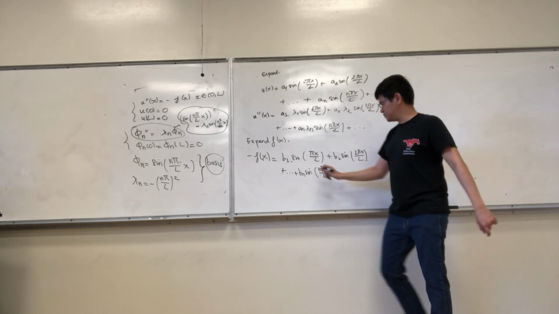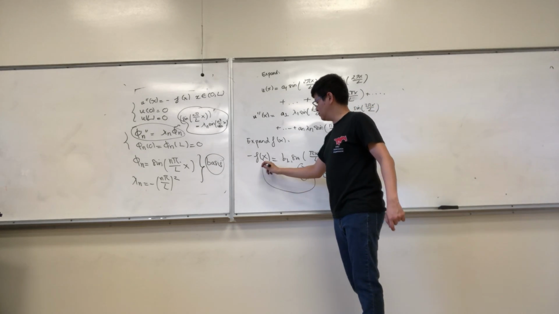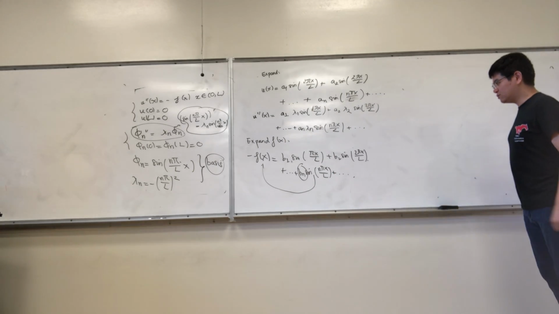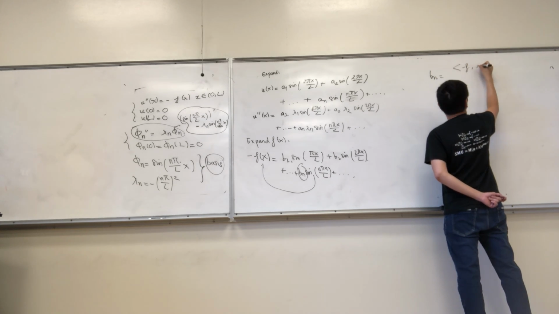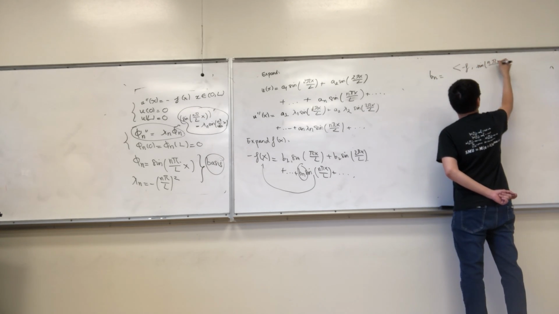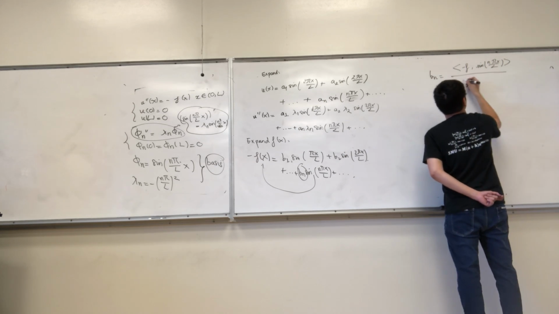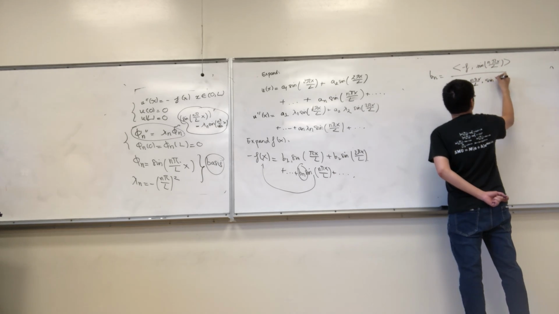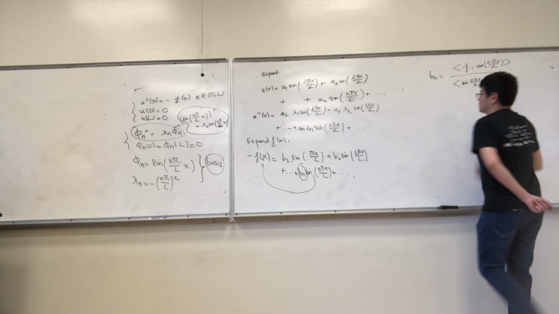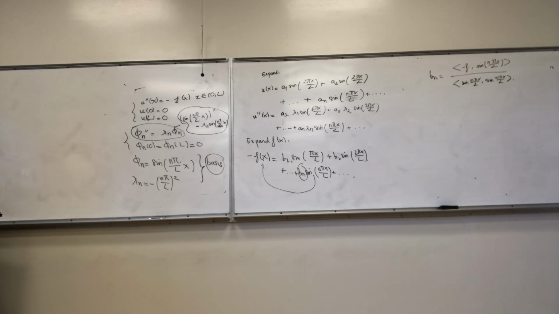So now I can compute bn by taking the inner product of minus f with sin(nπx/L), divided by the inner product of sin(nπx/L) with sin(nπx/L).